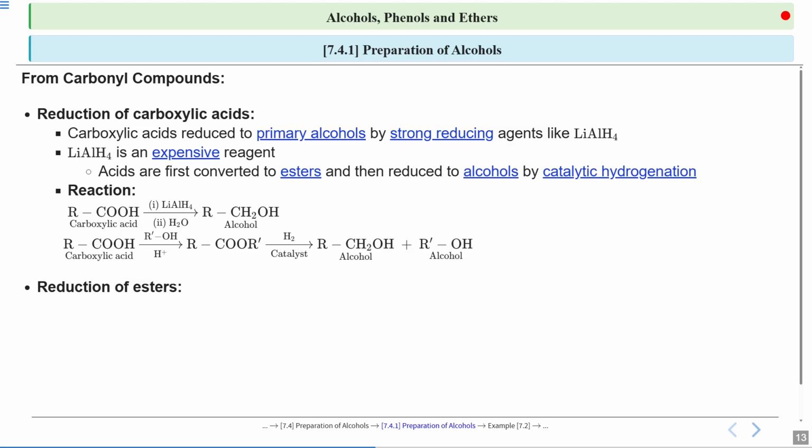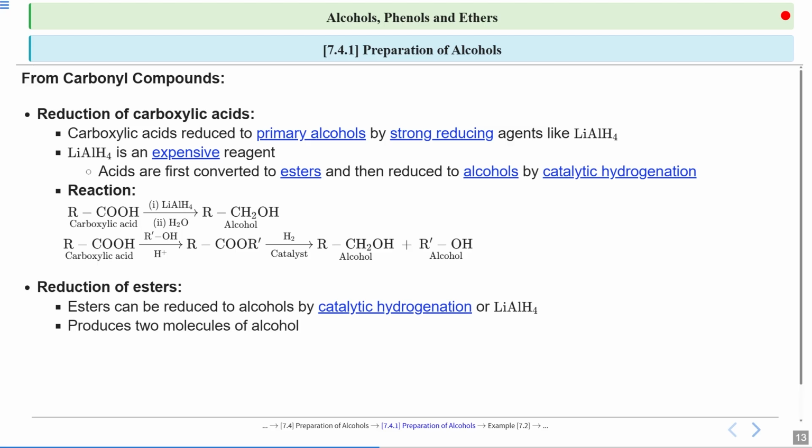Reduction of esters. Esters can be reduced to the alcohols by doing the catalytic hydrogenation or in presence of lithium aluminium hydride. This produces two molecules of alcohol. So if you take the ester, RCOOR prime, R and R prime may or may not be same.